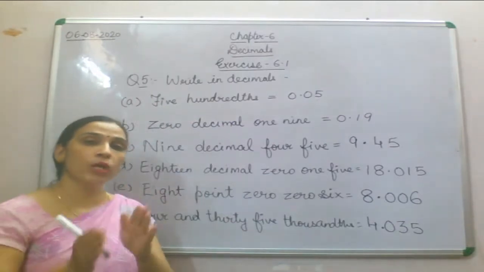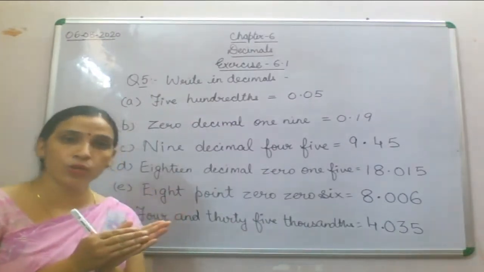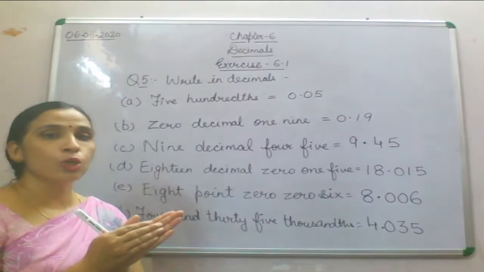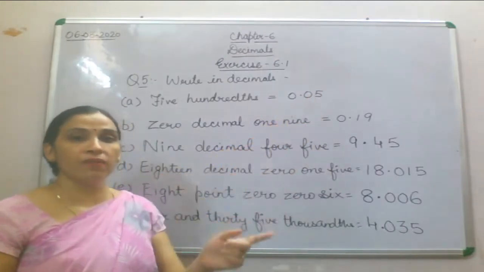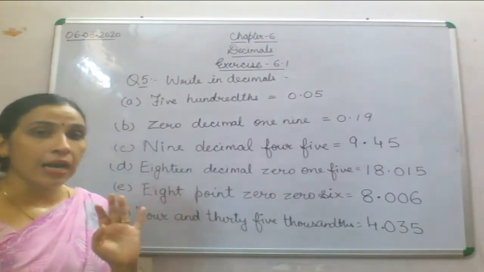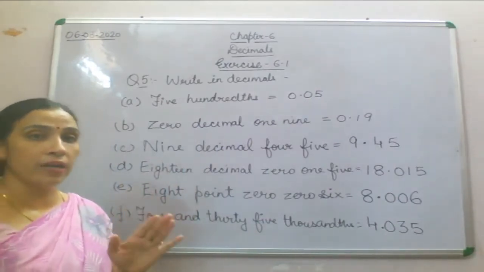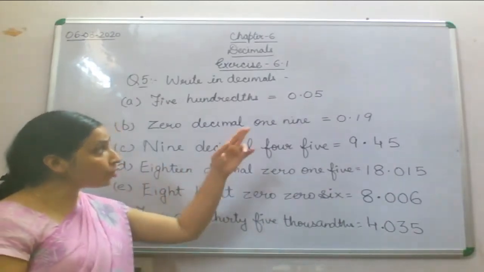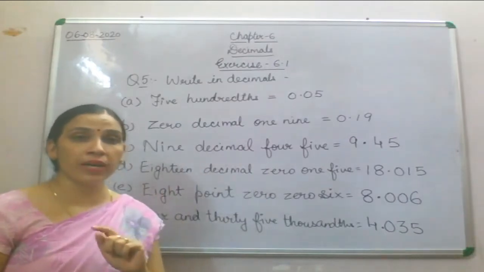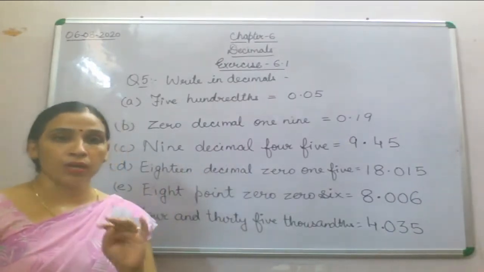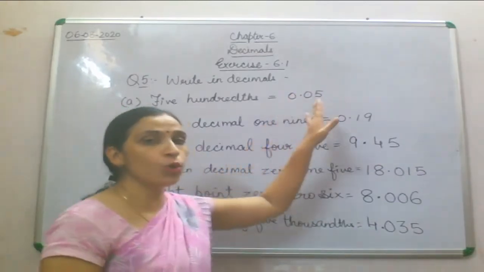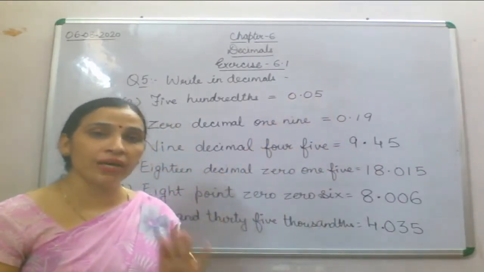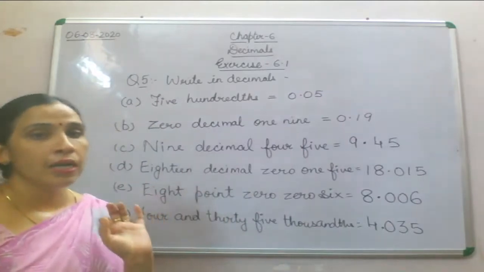Before hundredth we have the tenths place also, so we write 0 there. That becomes 0.05, which is 5 hundredths. You can write 0.05 in that way also.